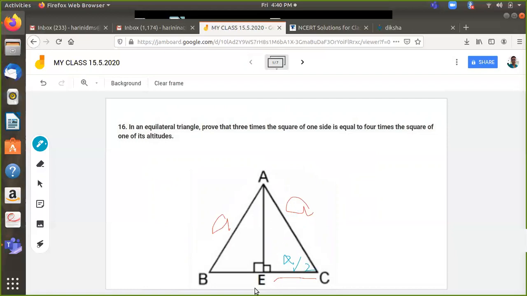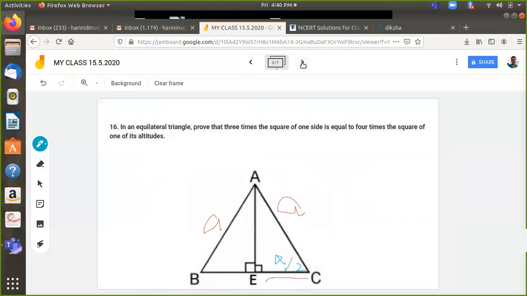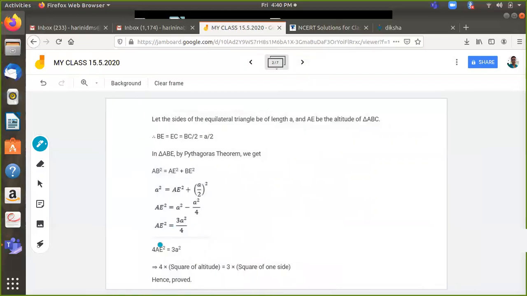This is A. So when I take the altitude, A square is nothing but AB square minus BE square. BE again is A by 2. That is how you substitute it there and you're able to reach here. So you're able to say 4 times A square is 3 times A square. Or in other words, 4 times the square of the altitude is 3 times the square of one of its sides, and hence the proof.